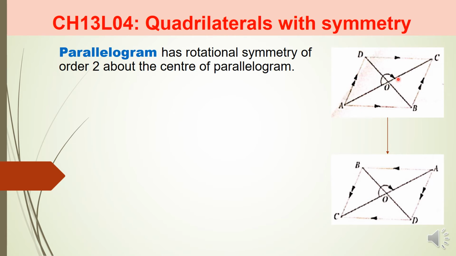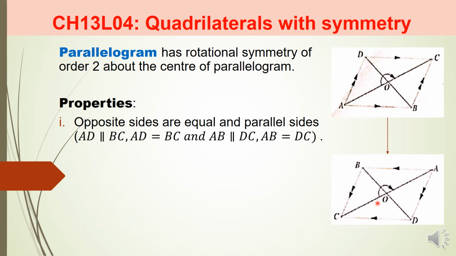And another line is the same. You draw one line passing through O but parallel to AB, so that is another line of symmetry. So when you have two lines of symmetry, then the order of symmetry is 2. This is for rotation, and the second rotation we obtain the original figure, this one.